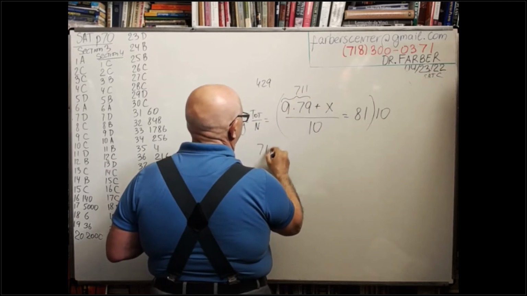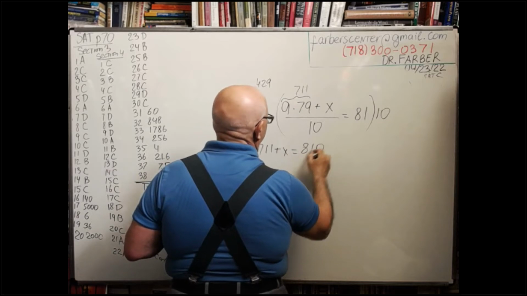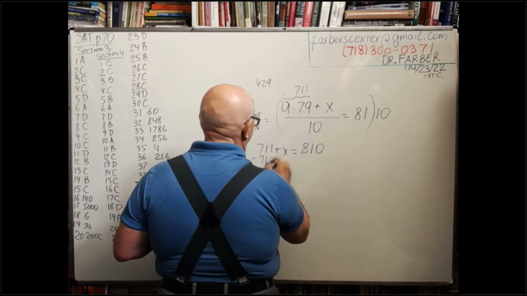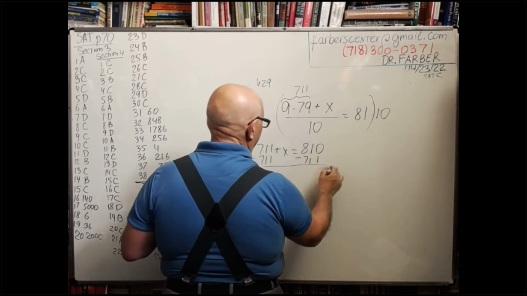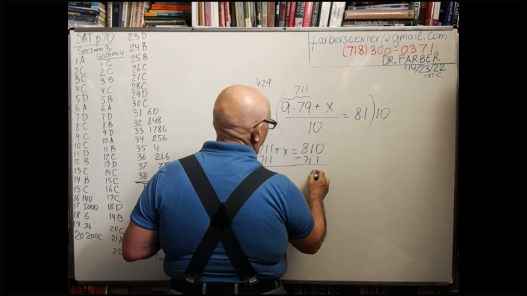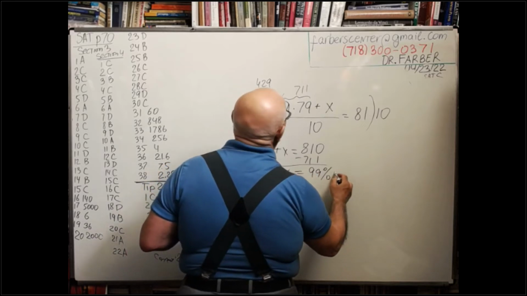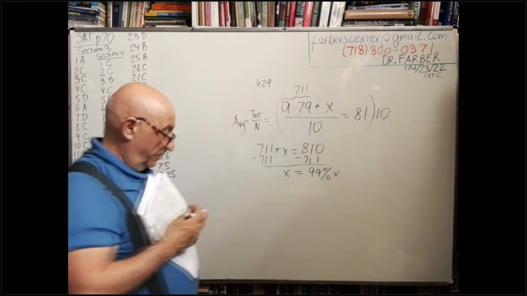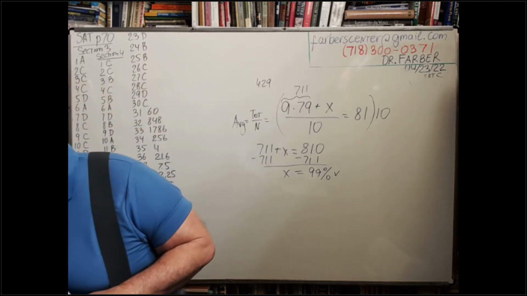You get 711 plus x equals 810. Minus 711 and minus 711, if you subtract, you get 99. x equals 99%. That's 429.